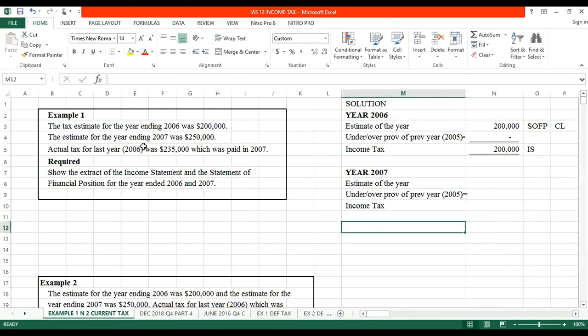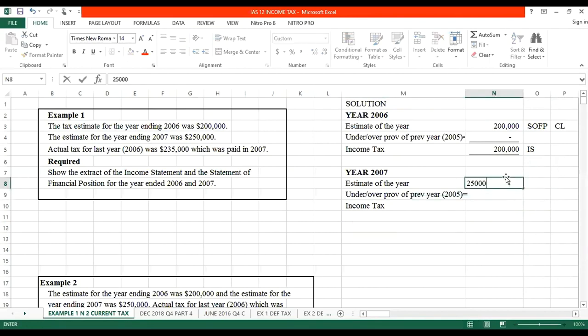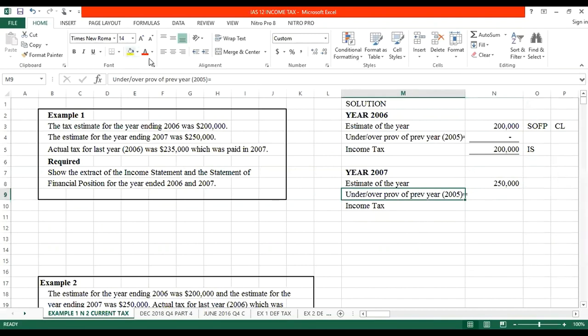Now, what is the estimate of the year 2007? The estimate of the year 2007 was 250. Now, here is where the point is. If we are in 2007, the previous year is 2006.